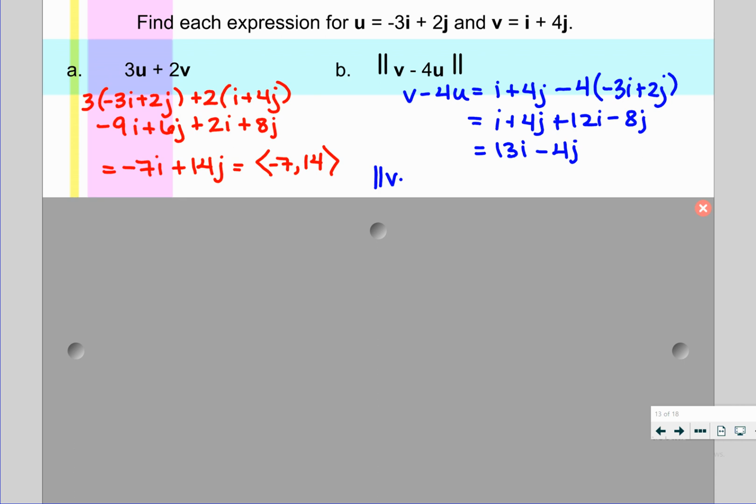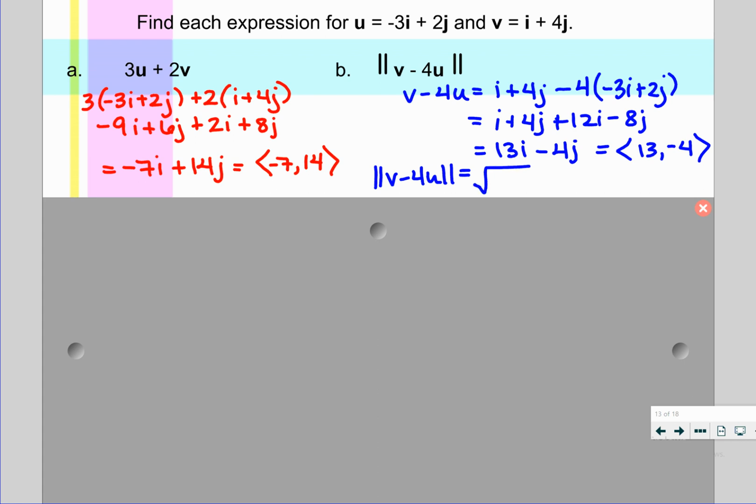Then at the end, I want to find the magnitude or the length of that. Okay, so that 13i minus 4j, again, you can think of it as 13, negative 4. That's the other way we would write that in that standard form. Think of those as legs of a right triangle. We're trying to find the hypotenuse, so it's just our quick little Pythagorean theorem with 13 and negative 4.